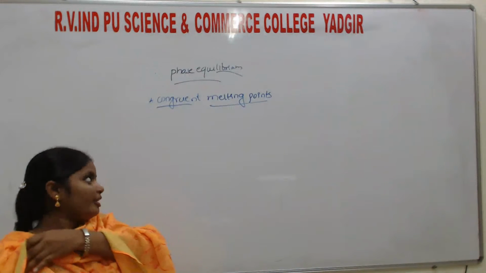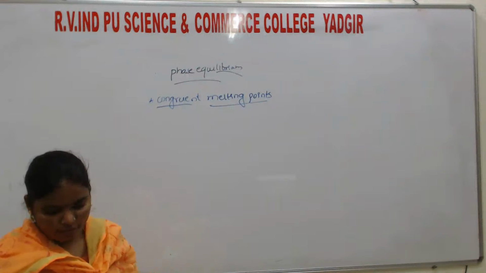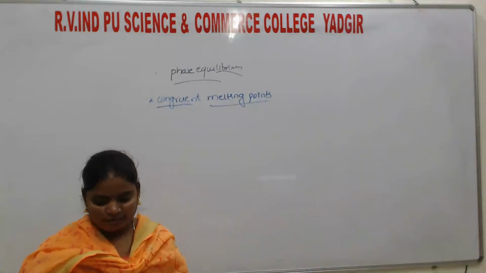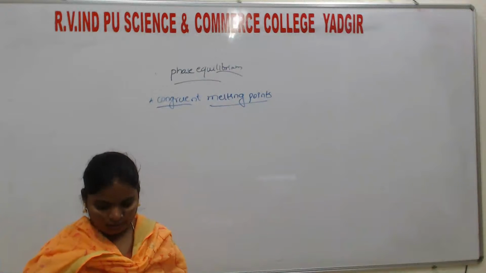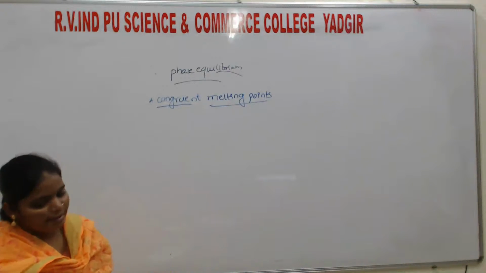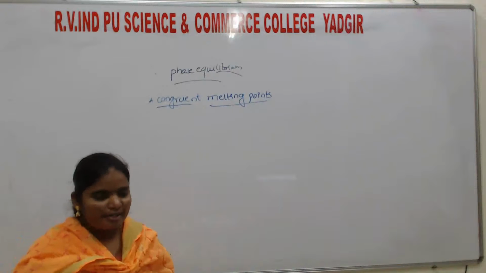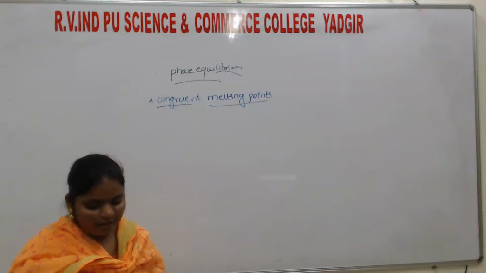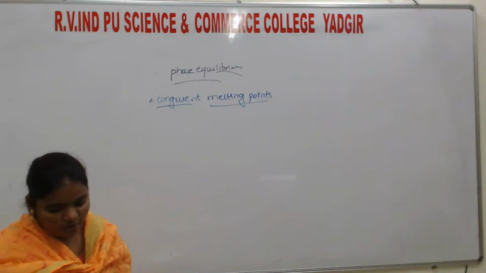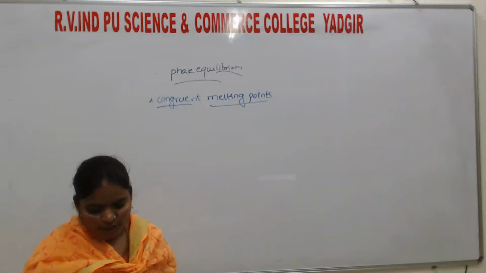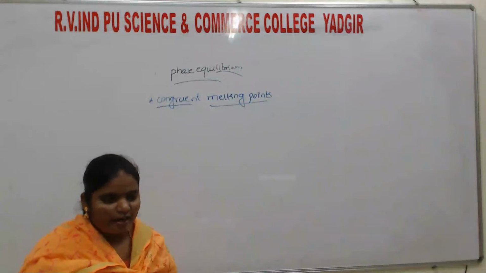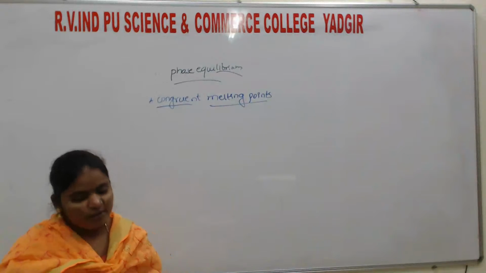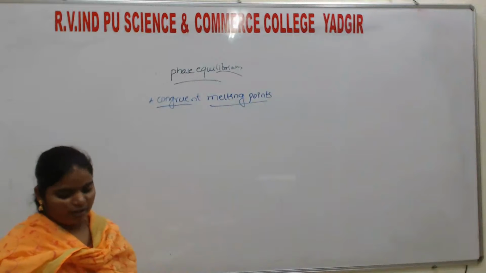Okay, what is meant by congruent melting point? Here it is: a compound which melts sharply at a constant temperature into a liquid of the same composition as the solid is said to possess a congruent melting point.